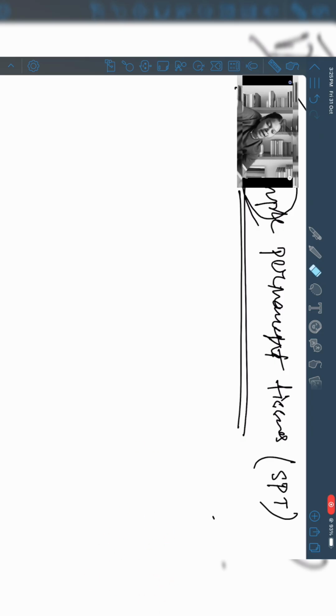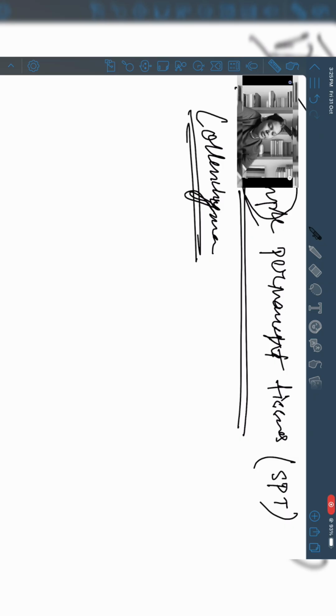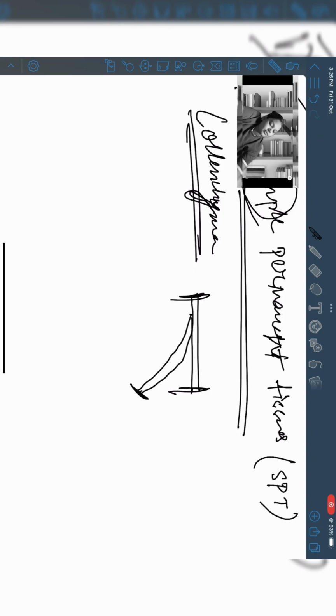Suppose this is a plant part and you can bend it without it breaking. That means it has stretchability. So this stretchability or elasticity is provided by collenchyma.